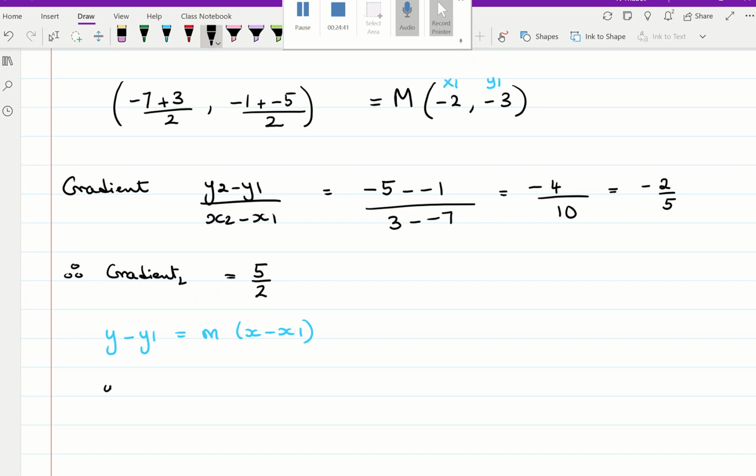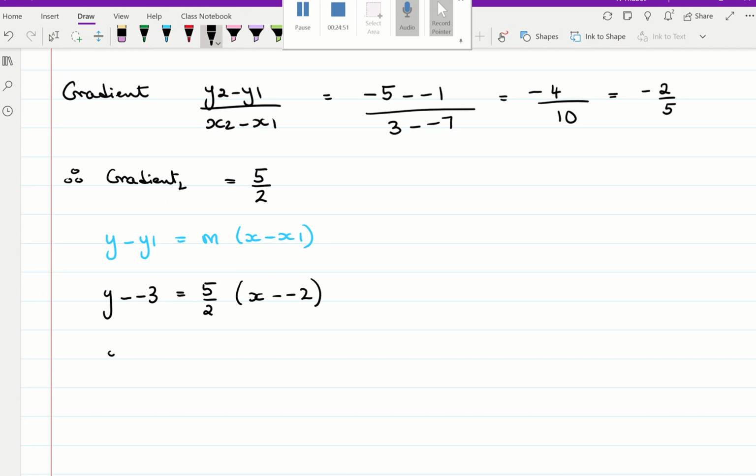And I've got y minus -3 equals 5 over 2 x minus -2. So this is y plus 3 equals 5 over 2 brackets x plus 2. I'm going to multiply everything by 2, so times 2 times 2 times 2. These cancel.